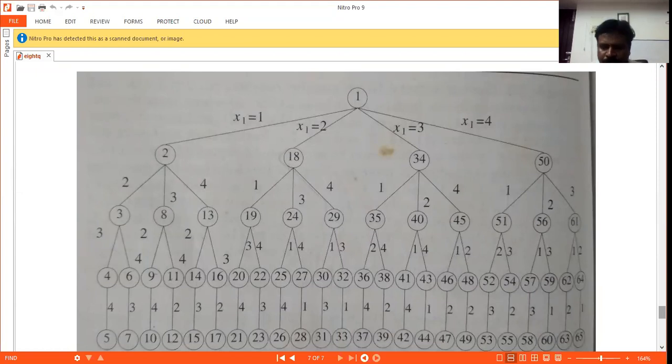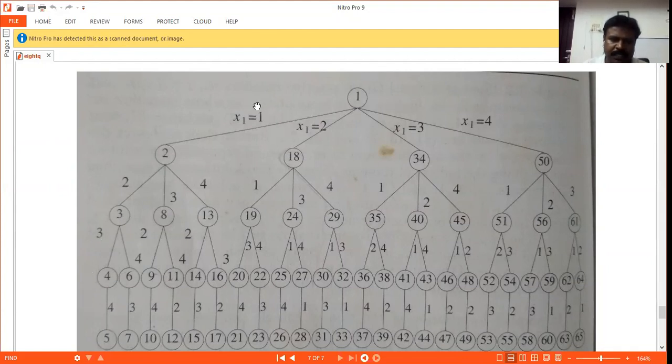We have four queens we can place: queen one in one location, placing queen one gives four possibilities, placing queen 2 gives 4 possibilities, placing queen 3 gives 4 possibilities, and placing the fourth queen gives 4 possibilities. So there are many possibilities. Now we place the first queen in one, the second queen in the second column, the third queen in the third column, and the fourth queen in the fourth column.